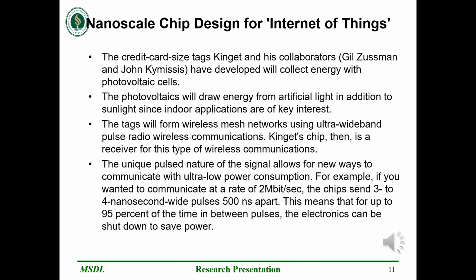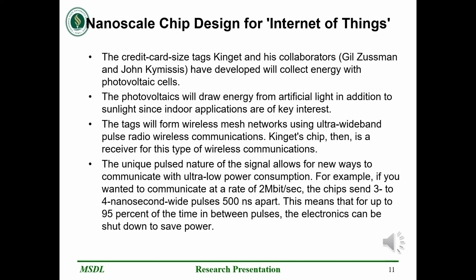Nanoscale chip design for Internet of Things. The credit card size tags that Kinget and his collaborators, Gil Zussman and John Kymissis, have developed will collect energy with photovoltaic cells. The photovoltaics will draw energy from artificial light in addition to sunlight, since indoor applications are of key interest.